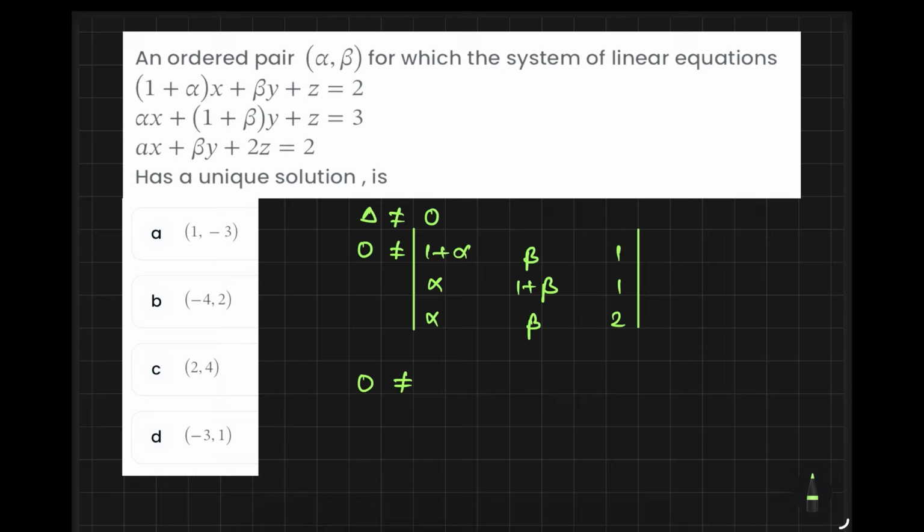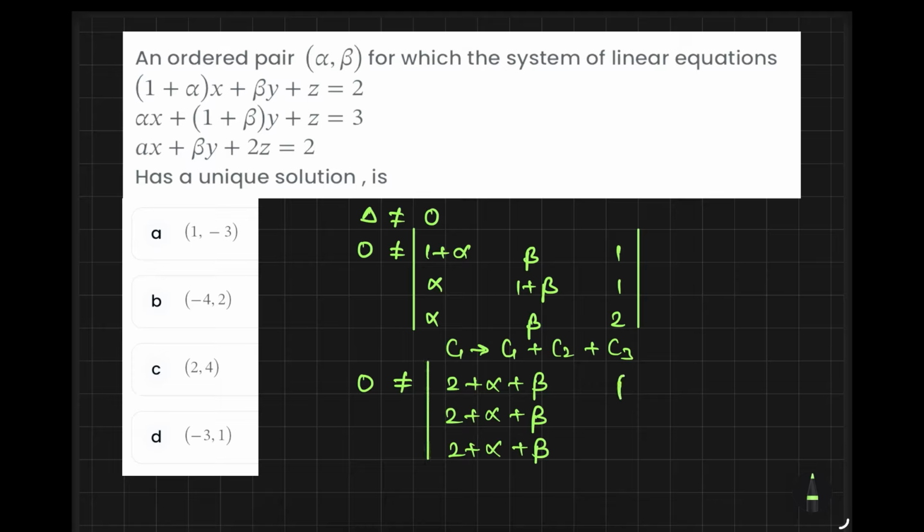I'm observing that in every row they are using one alpha, one beta, and certain numbers. Okay, and the sum of those numbers is 2. So I'll transform column 1 to column 1 plus column 2 plus column 3. So it will become 2 plus alpha plus beta, 2 plus alpha plus beta, 2 plus alpha plus beta.